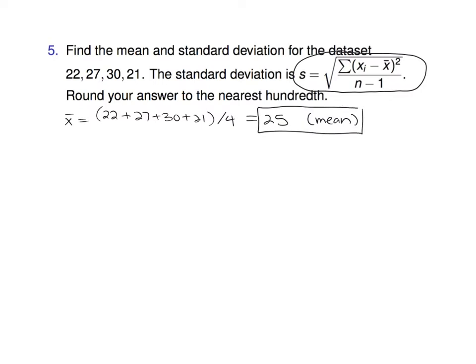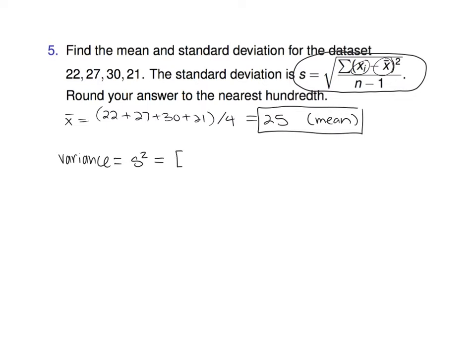Now, to find the standard deviation, the first thing you actually do is find the variance, which is the standard deviation squared. This is my preferred method. Start with this and then square root it to get your answer. And the way you find that is you take all of your observed values minus your mean squared, and then divided by n minus 1.